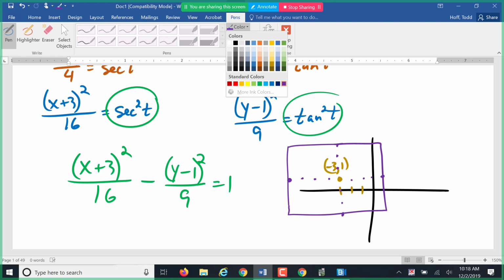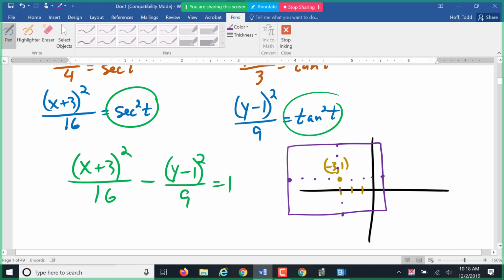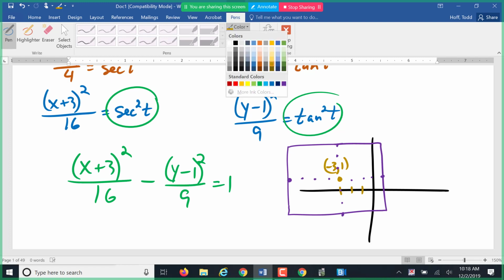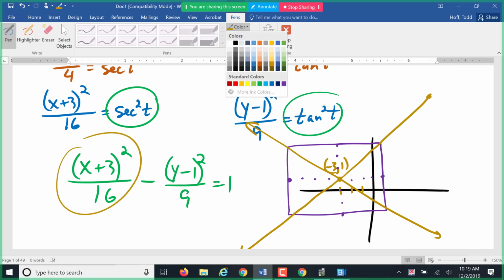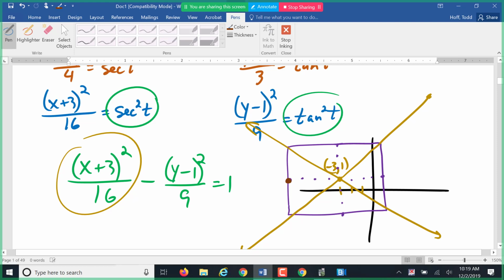And remember, that is used to create asymptotes. And since the x is the positive one here, I know the vertices of my hyperbola are on the edges and it goes out towards those asymptotes here. And there's a vertex here going out towards those asymptotes like that. And that is my hyperbola.